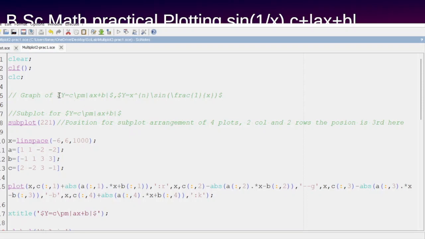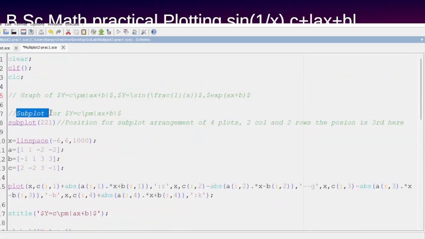The first one will be our function y is equal to c plus minus mod of ax plus b, and then we'll plot sine 1 upon x, and the last one will be plotting the exponential graph, exponential of ax plus b.